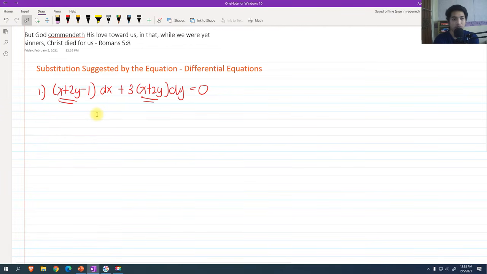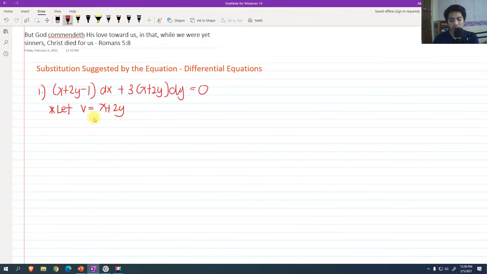to solve. So for problem number 1, we have the quantity x plus 2y minus 1 dx plus 3 quantity x plus 2y dy equals 0. As I've said, we can let any variable, let's say let v equal x plus 2y, because x plus 2y is common in both the dx and the dy.